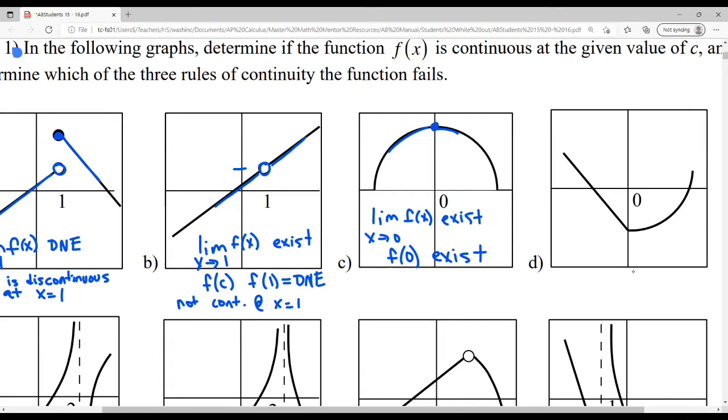It's going to be equal to this value. And since the limit and f of 0 exist and they're equal, even though we don't know exactly what that number is, we can say that the limit as x approaches 0 of f of x is equal to f of 0. So we can say that this function is continuous at x equals 0.